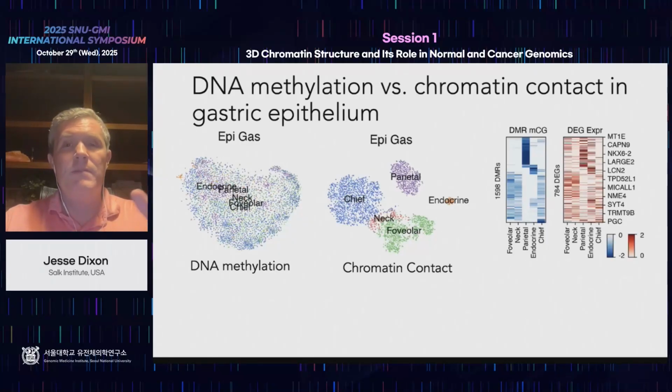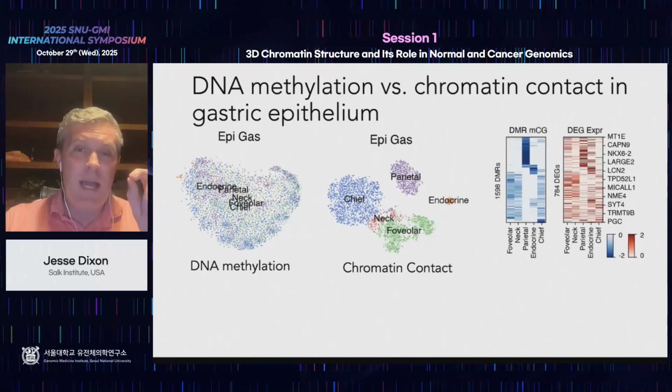And so what this means is it doesn't mean that the DNA methylation is devoid of information here. But what we think it means is that the cell type to cell type level variation in DNA methylation in this particular context is less than the variation in DNA methylation you see between any two individual cells. And we don't really understand what the basis for this is.